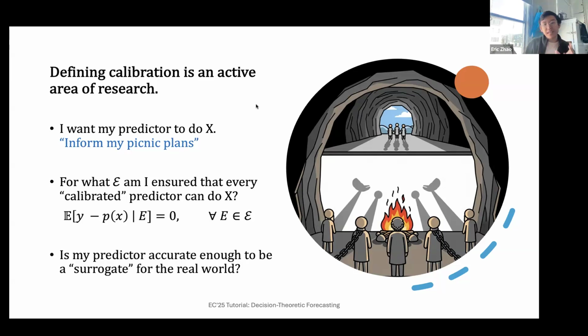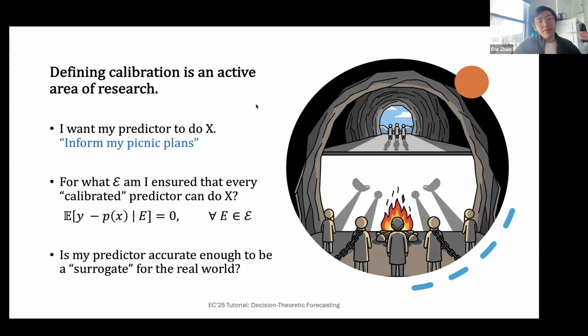A fun way to think about this is to imagine you are in Plato's cave and you can't see the real world. These predictors or forecasts are your mental model for the world. The question here is how accurate that image of the world needs to be in order for me to trust it as a surrogate for the real world, even though I can't actually look outside.